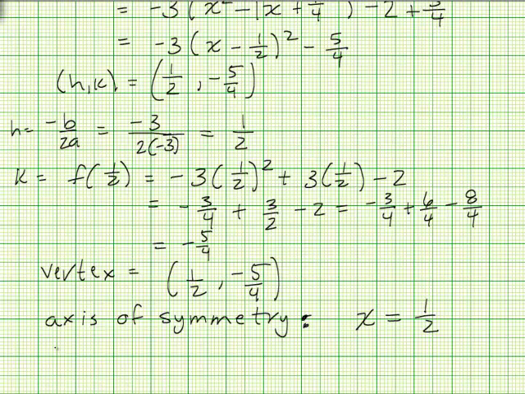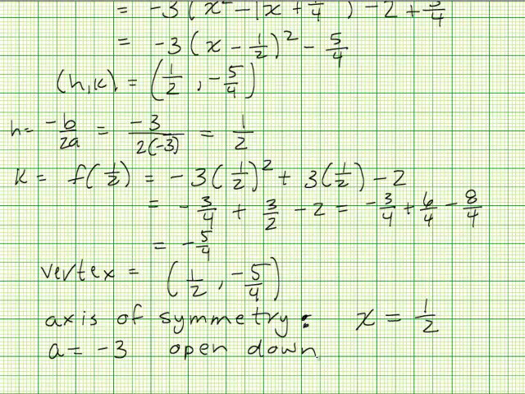We know a is negative 3. We completed the square and found our equation here. And we have here that the negative 3, that's a. We know that because it's negative, this parabola opens down. And so we have found our first three things.